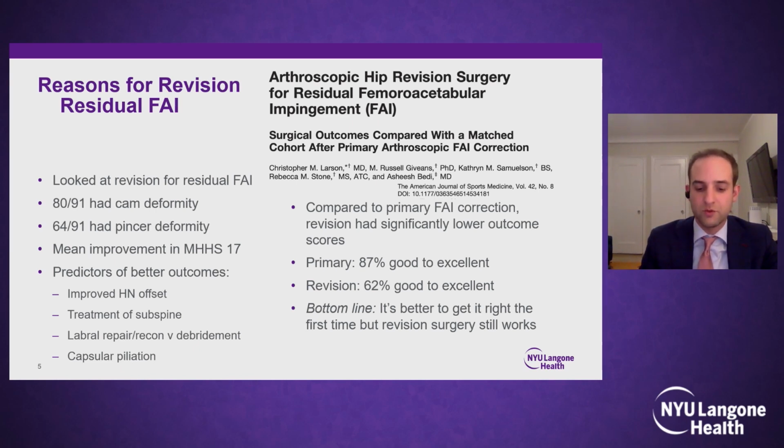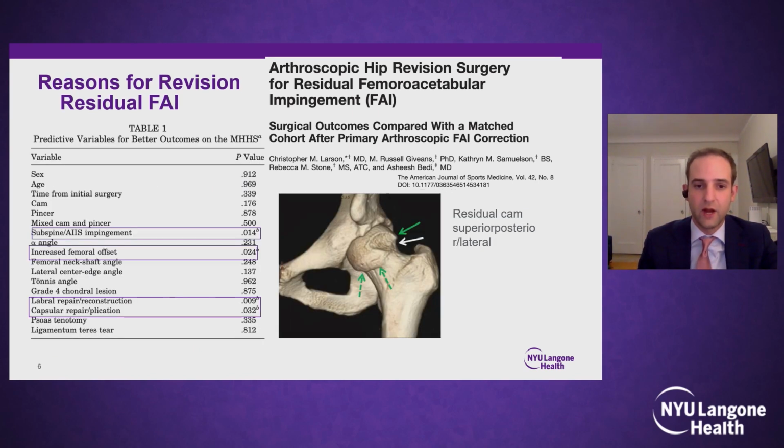Predictors of better outcomes were the ability to correct the cam deformity, treatment of a prominent subspine, labral repair or reconstruction as opposed to just debridement, and capsular plication. When matched with primary FAI treatment, however, reconstruction did have lower outcome scores. So the bottom line here is that it's better to avoid failures, but revision can have good outcomes.